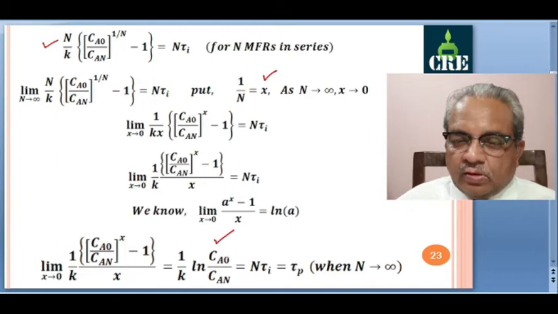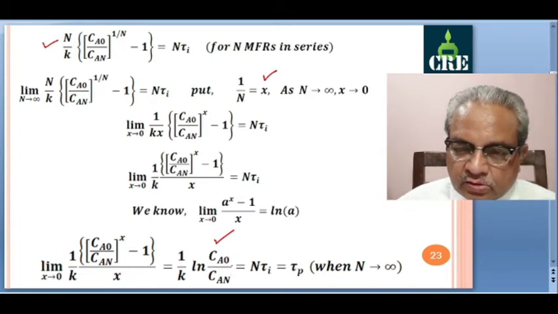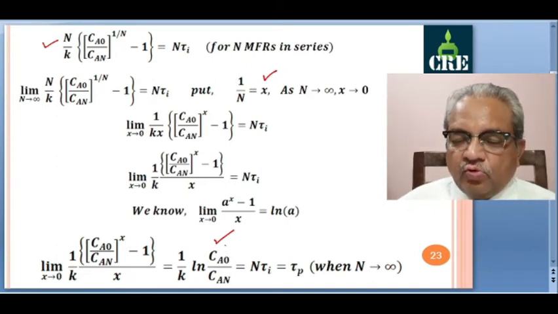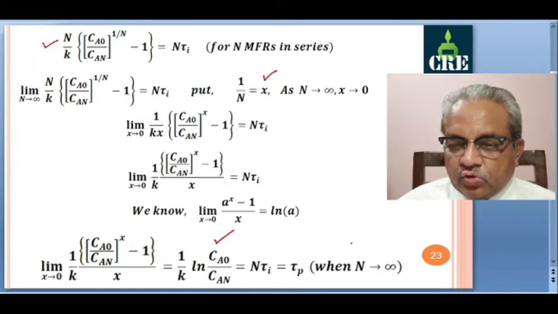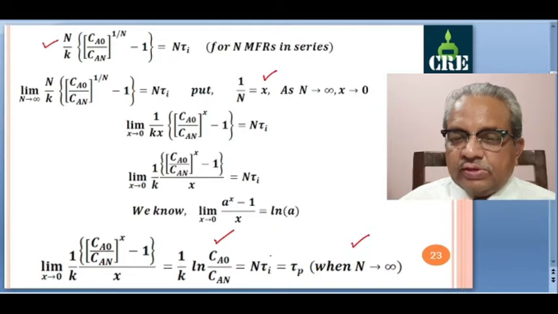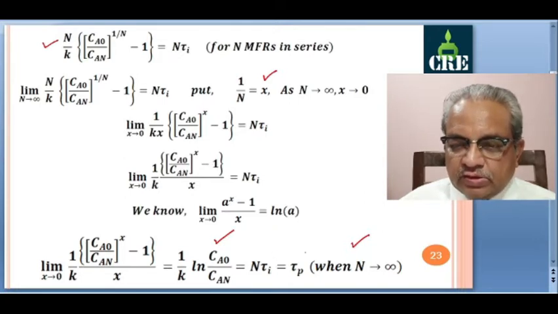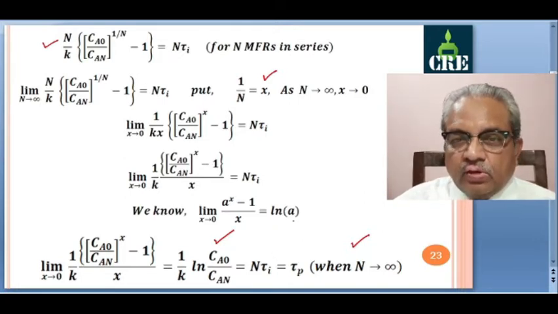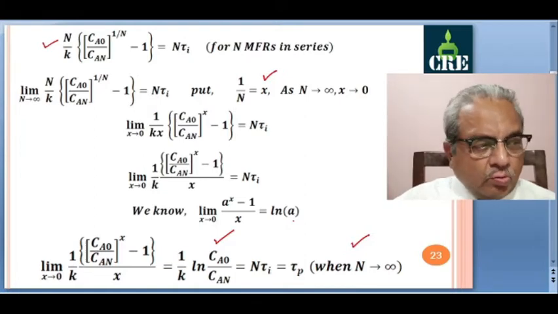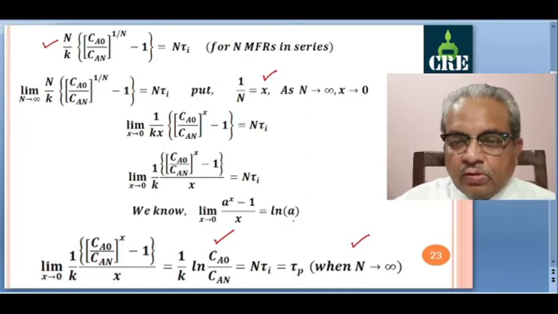Okay, here this is one plug flow reactor you can consider. So when n tends to infinity, or when n is very large, the performance of n equal size mixed flow reactors in series is the same as the performance of one plug flow reactor.